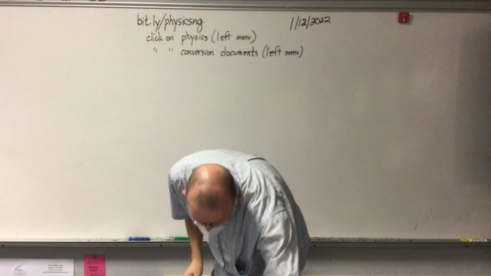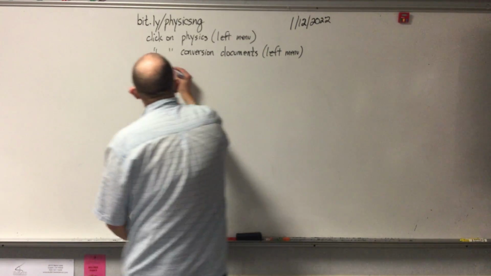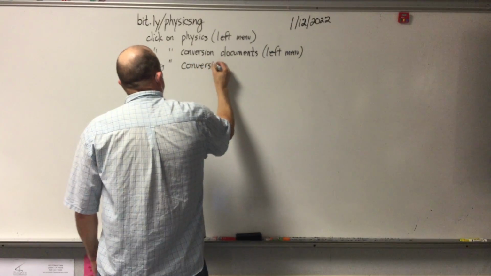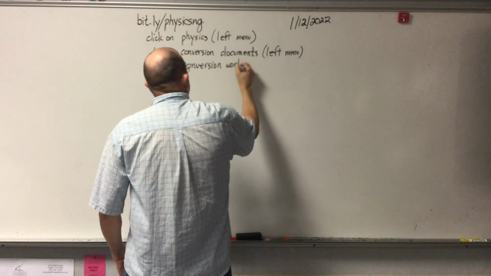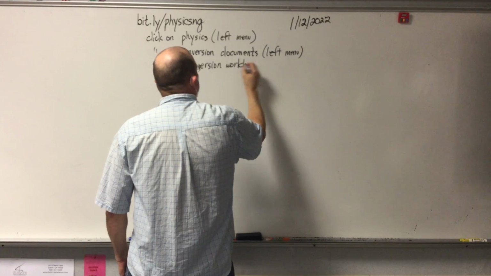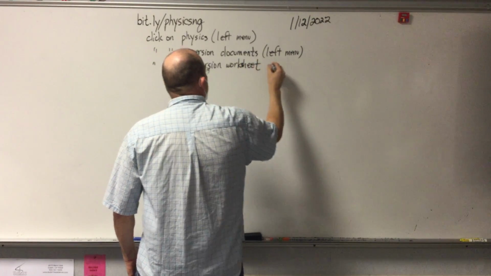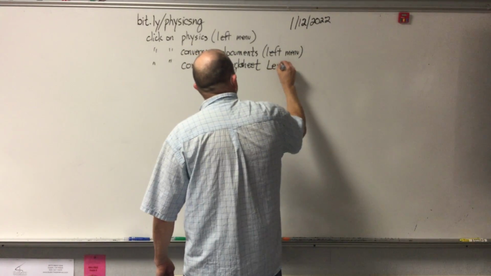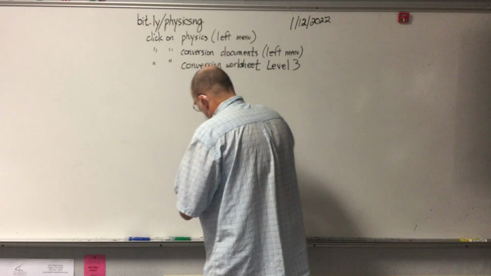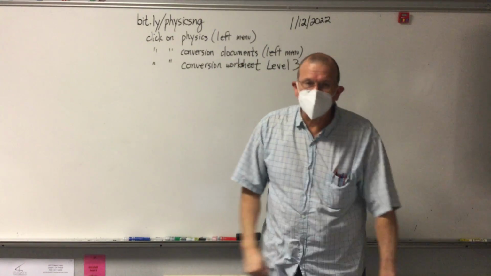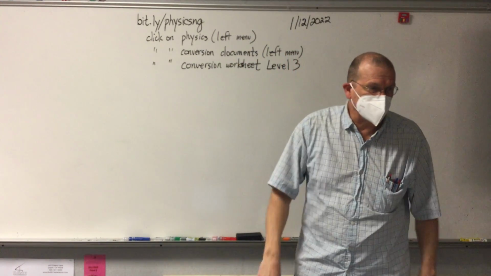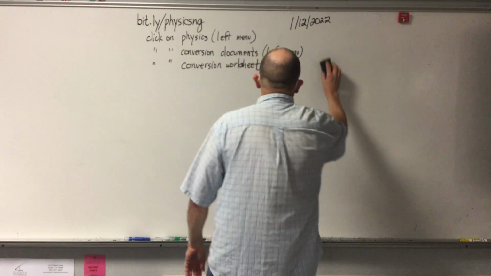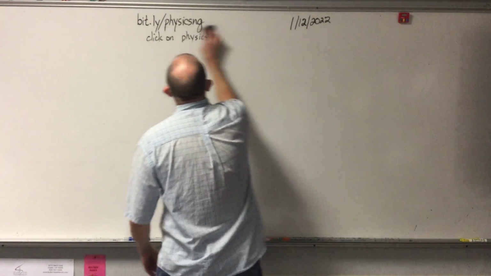And then you will be looking for conversion worksheet. Do I spell it right? Do I actually put level 3? I do. Level 3. And once you click on that, you'll be at the worksheet that we're working off of here in class. Okay, so now that you have that on video, I can get rid of it.